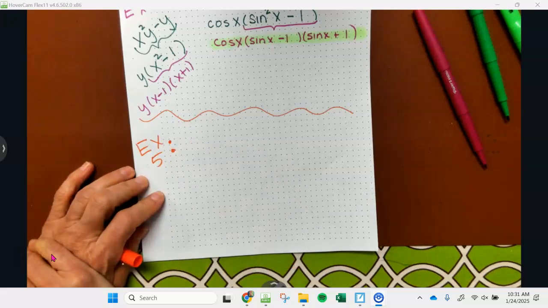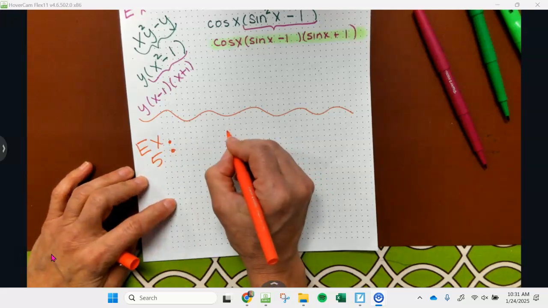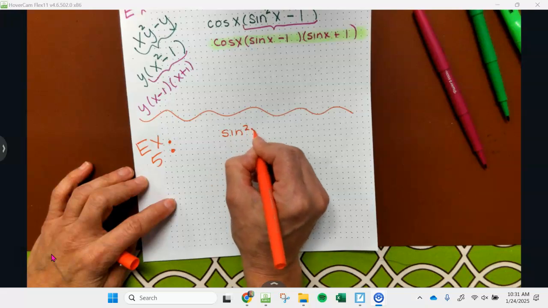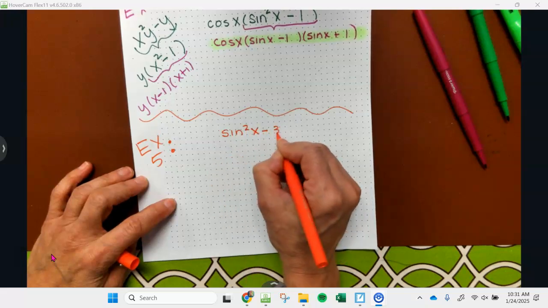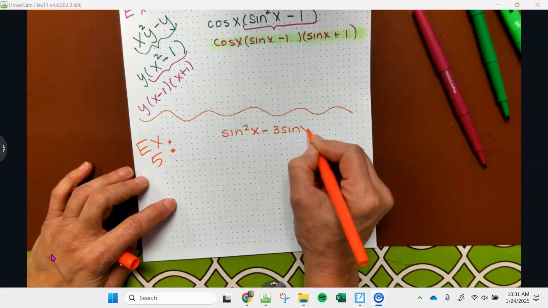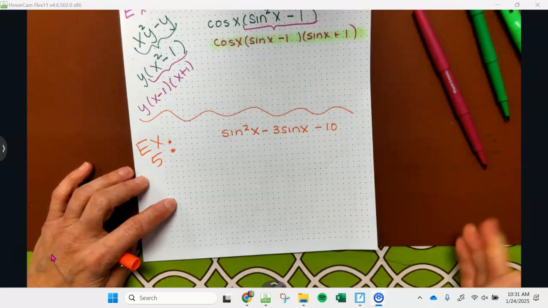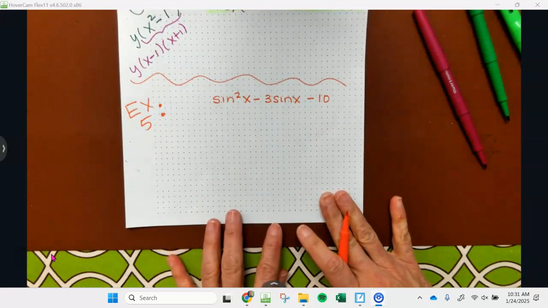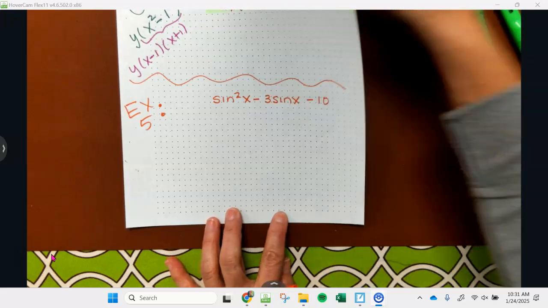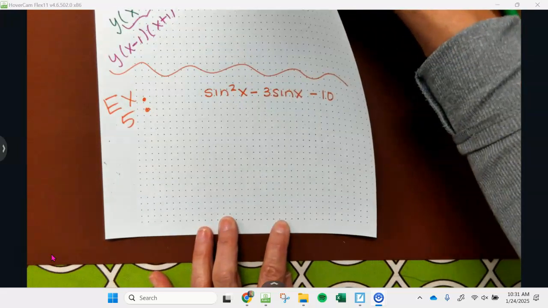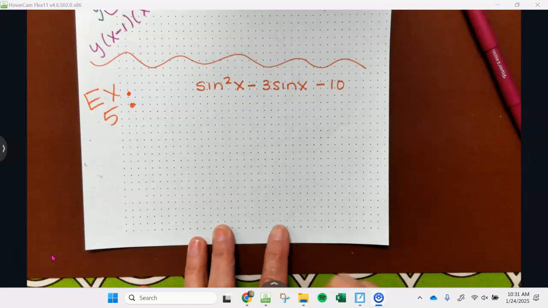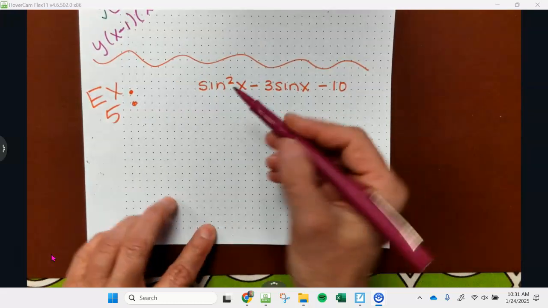All right, so for example 5, it is going to be sine squared x minus 3 sine x minus 10. And I'm just going to write out to the side like an algebra looking problem.